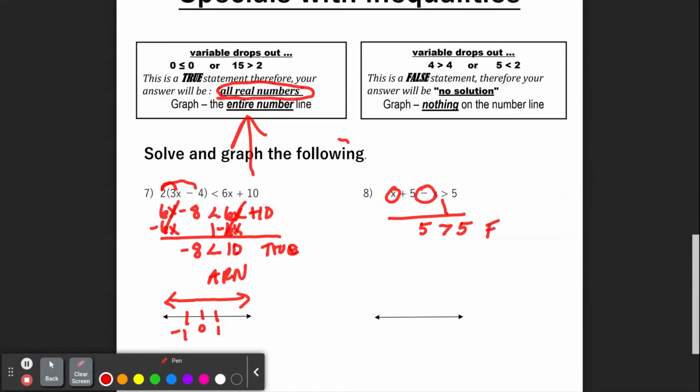So this is going to be a false statement. So when you look up here, when it's a false statement, your answer will be no solution. So we're going to put NS. And it also says nothing will be graphed on the number line.